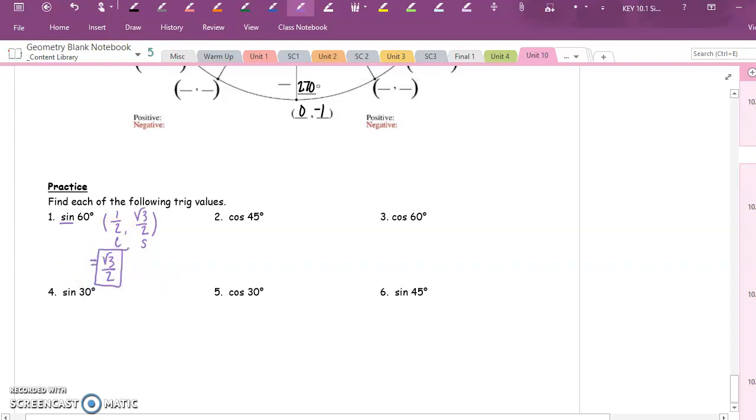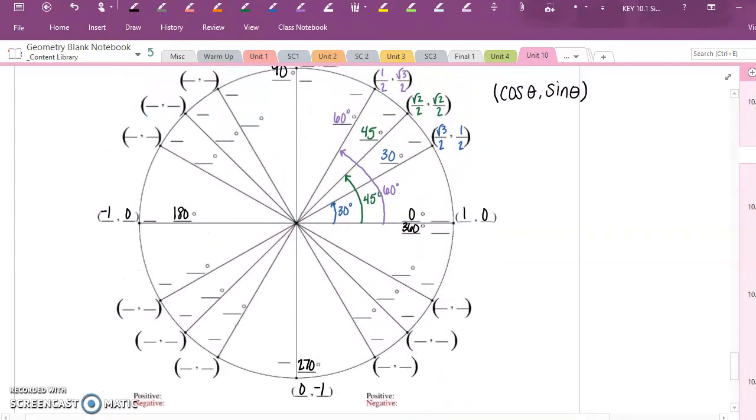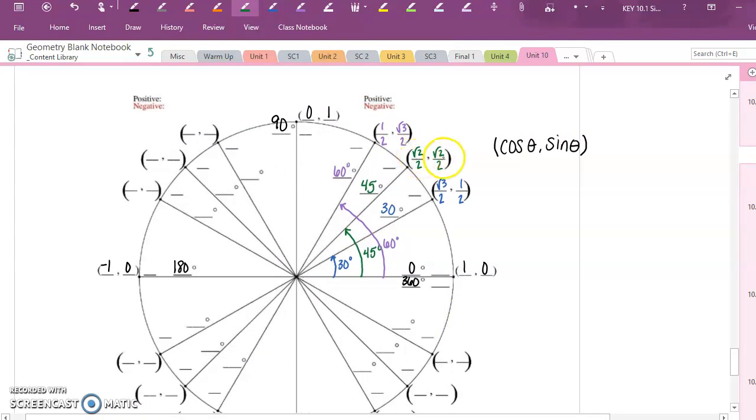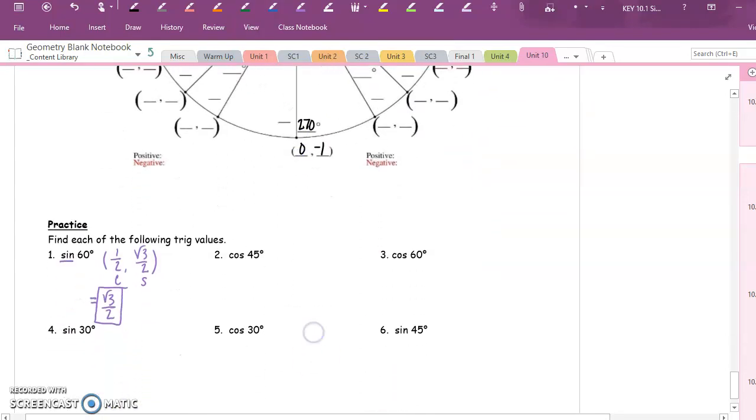Next one, number 2, it says cosine of 45 degrees. If we scroll on up, for 45 degrees we have root 2 over 2 comma root 2 over 2. Then I write down my ordered pair. It goes cosine comma sine. So cosine, that's the first one. So my answer is square root 2 over 2.